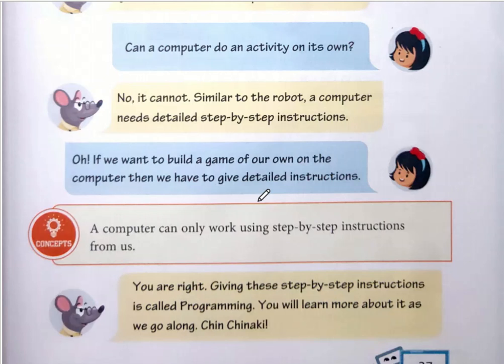If we have written inside the script area that we want to move the sprite 100 steps, then the sprite will move 100 steps on the stage. So here we have learned that these machines basically work on the instructions given by us. Therefore, a computer also works only using step by step instructions given by us.